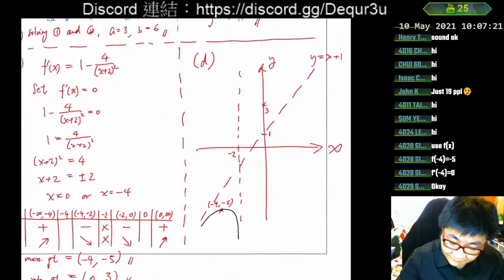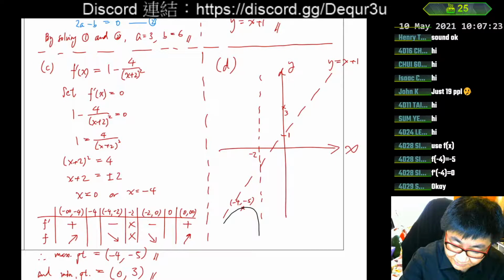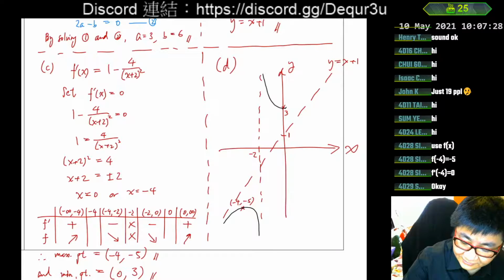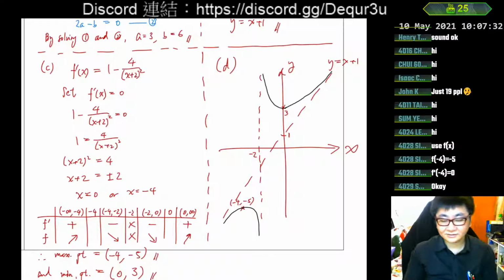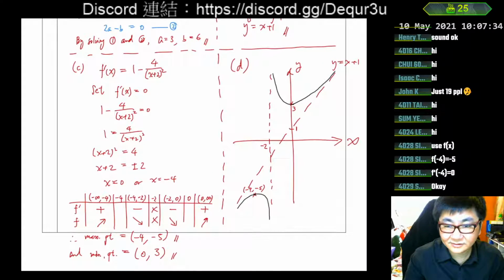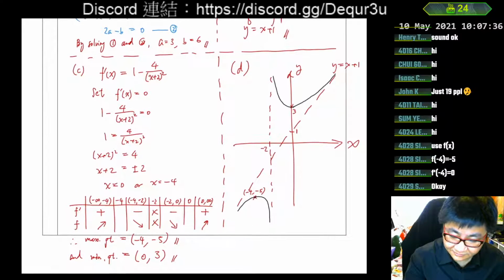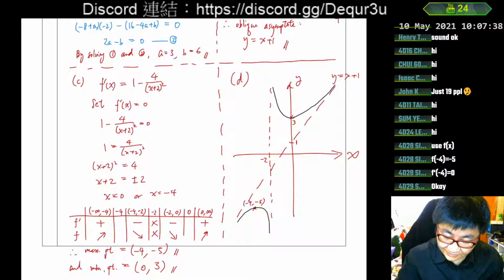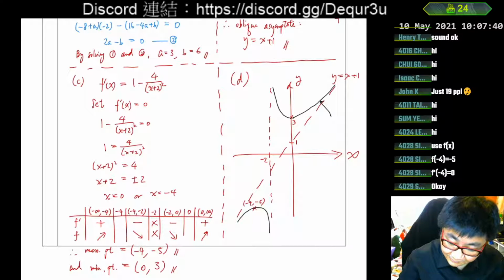On the other hand, after the vertical asymptote, come back from the vertical asymptote, going down, and then to the other side, going nearer and nearer to the asymptote, then the whole graph will be like this. So is it okay? So this is the whole completed work. By the way, finally, the label is y equal to f(x). It's the graph of C.